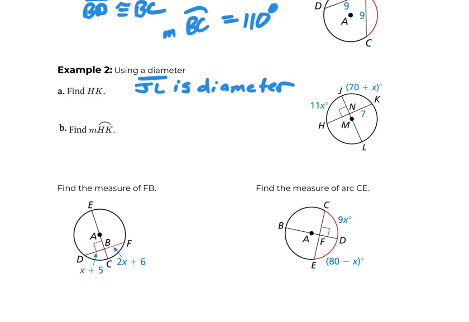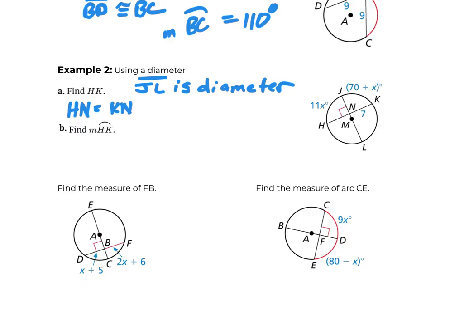Okay, using what we talked about on the previous page, we said that if JL is the diameter, then it's going to split HN and KN to be equal to one another. Okay, and it's kind of hard to tell this. M is the center.